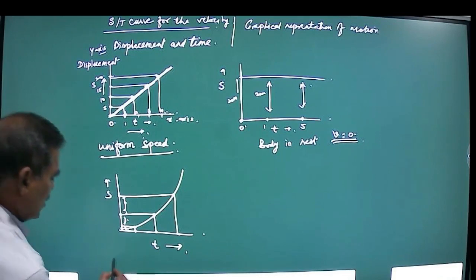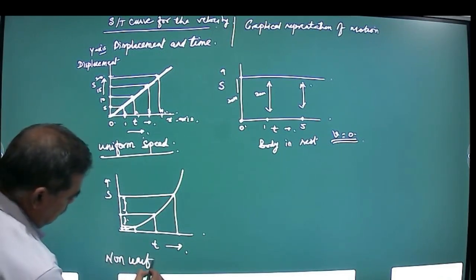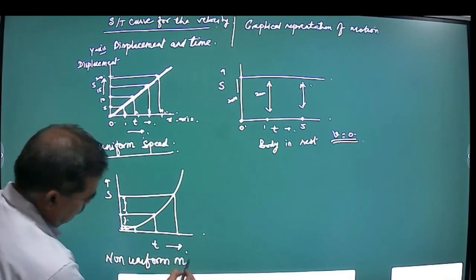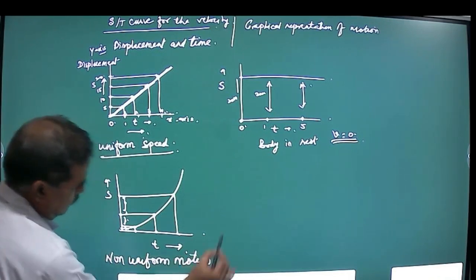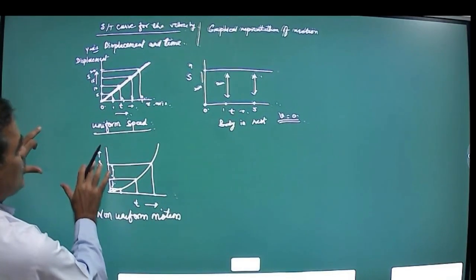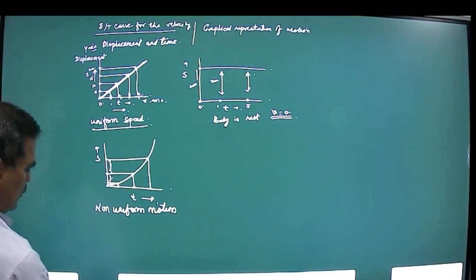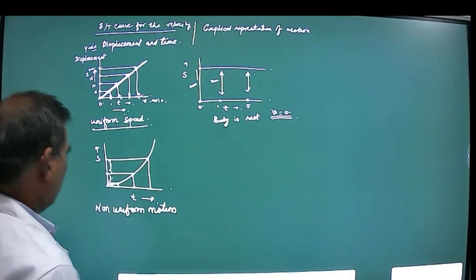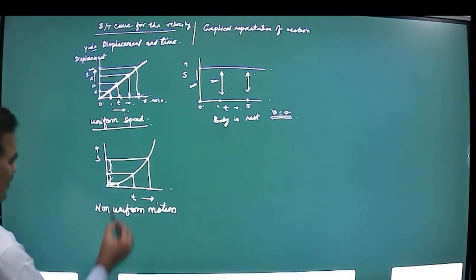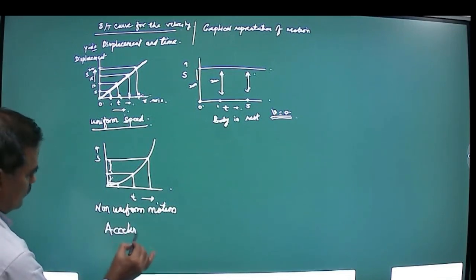So this is non-uniform motion with rising speed. Rising speed is also known as accelerated motion.